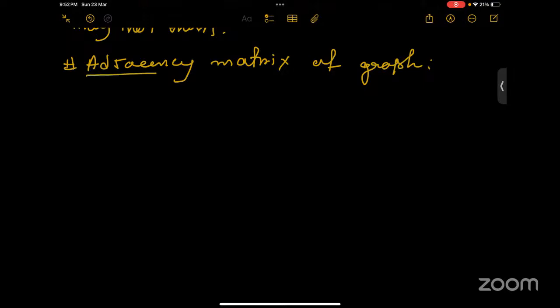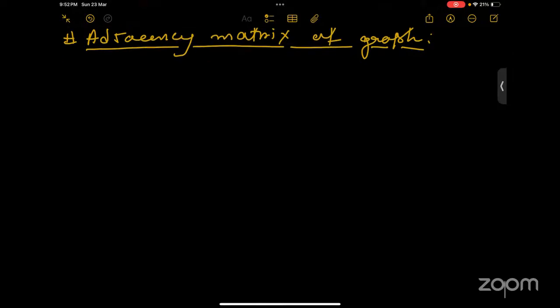Now we have a new thing, adjacency matrix of a graph. That means if I have a graph using the vertices and edges, we can form a matrix corresponding to the graph, and we may solve some problems easily with the help of the matrix. So how can we form the matrix for a graph?